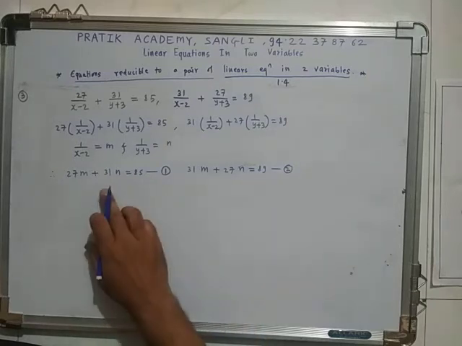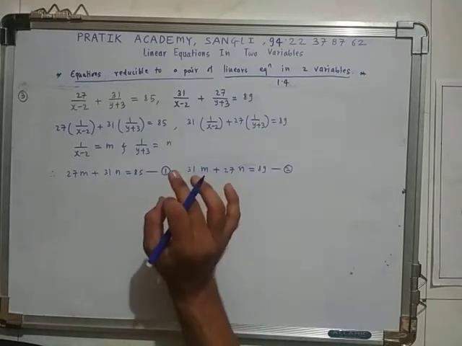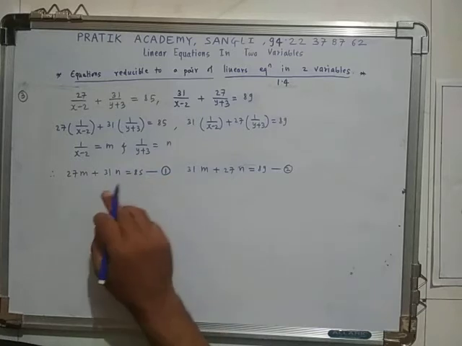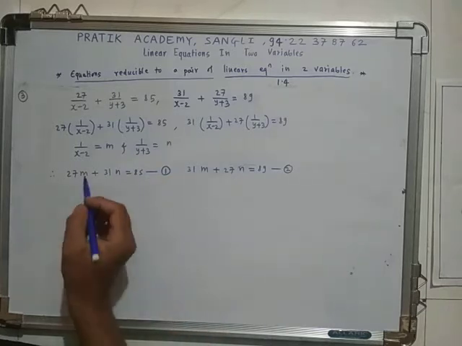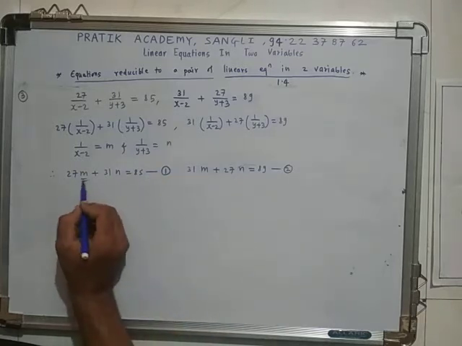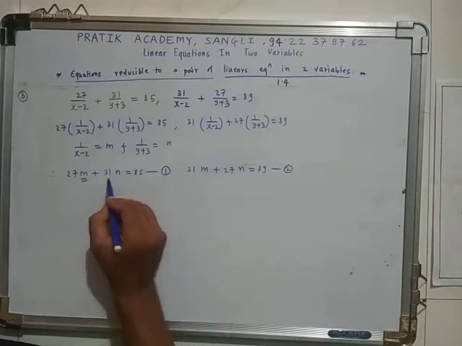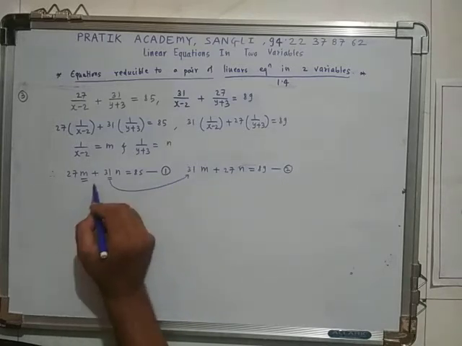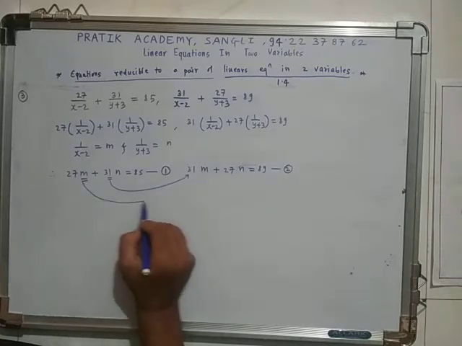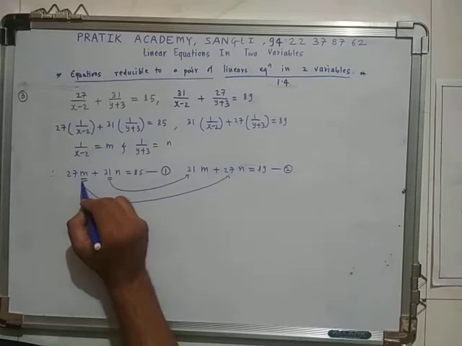Now these are linear equations in two variables. And what is the speciality of these equations? The coefficient of m here becomes the coefficient of n, and the coefficient of n, that is 31, becomes the coefficient of m. Okay, so let's check this.